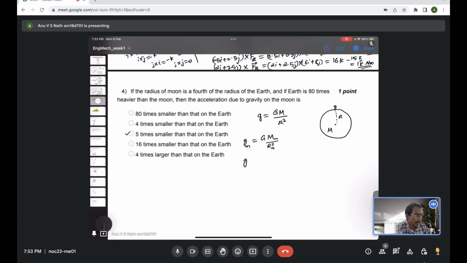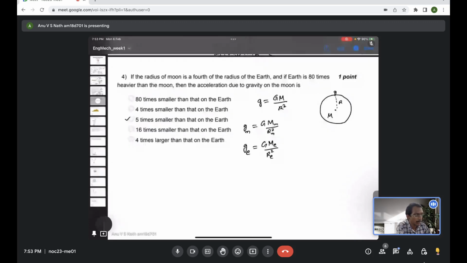Then similarly, gravitational field on the surface of earth is G m earth by R earth square. Now we just need to take a ratio g_m by g_e. The constant capital G will get cancelled. It's mass of the moon by mass of the earth, radius of earth by radius of moon, the whole square.